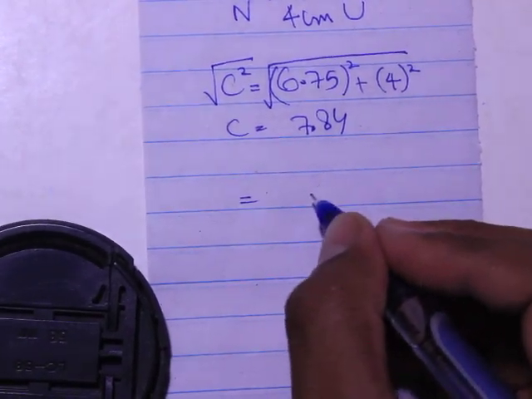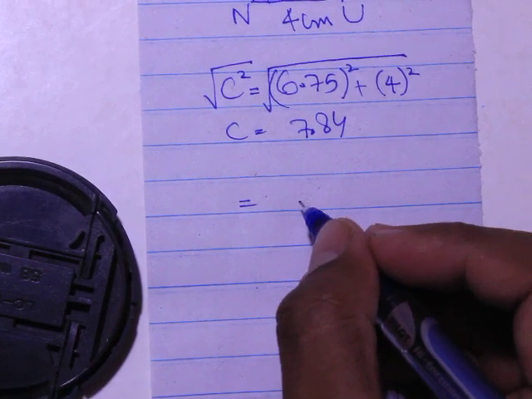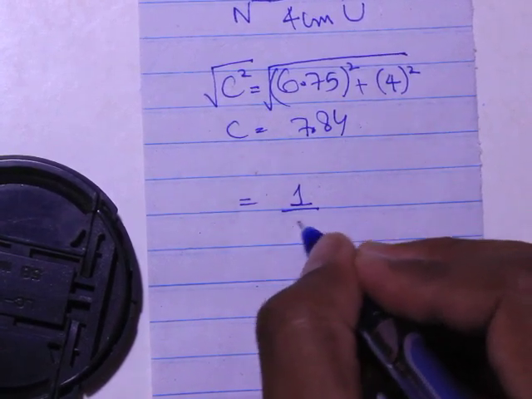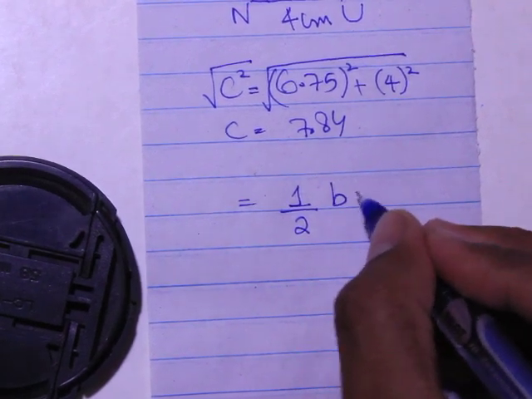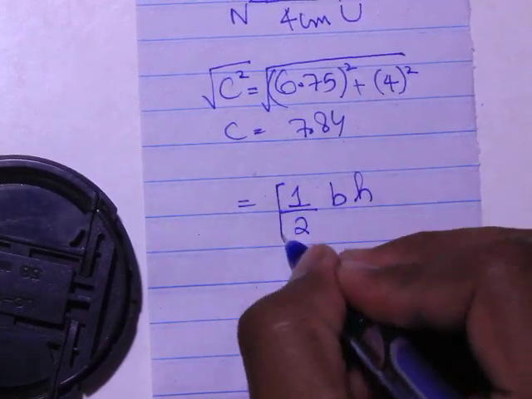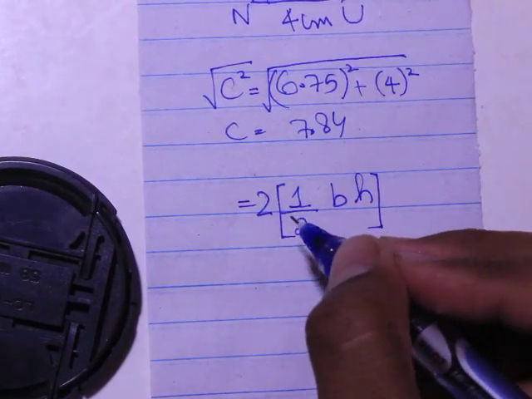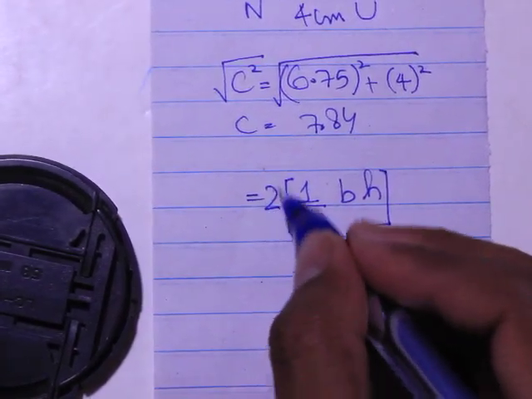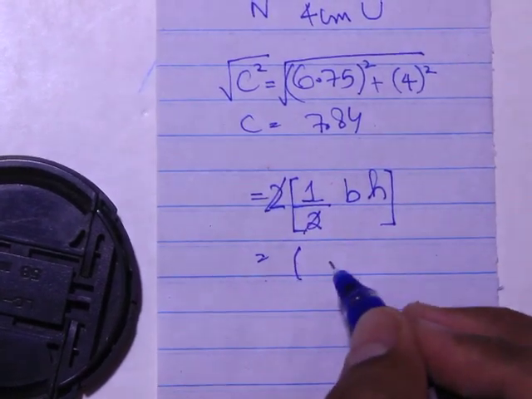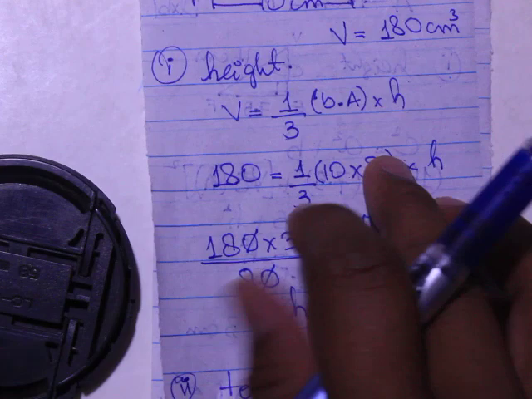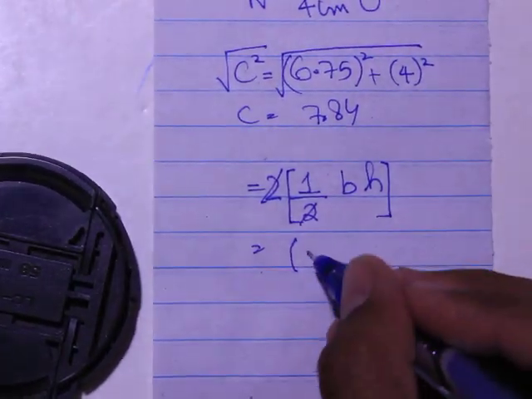If I want to find the surface area of the front side, I must use the triangle formula, area of triangle 1 upon 2 base into height. As we have two same faces, one on the front and one on the back, I must take 2 times. So this cancels with this. Base is 10 centimeter obviously, I will use 10.